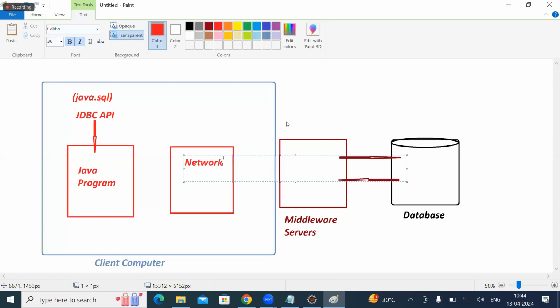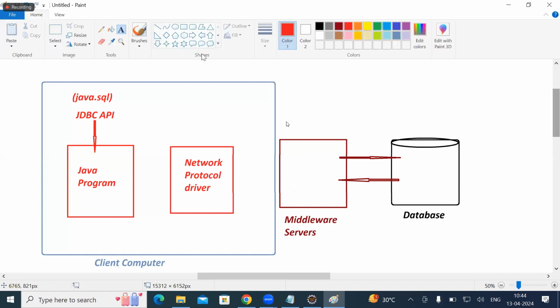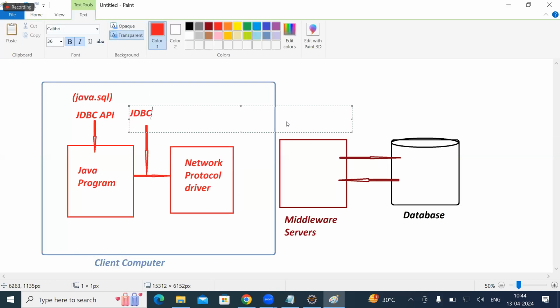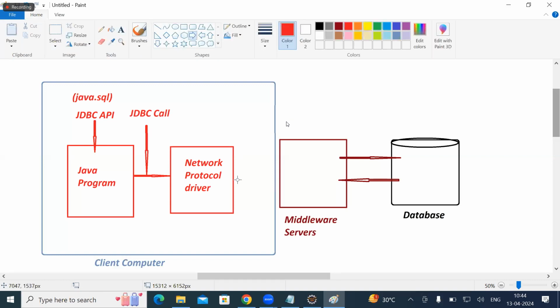This network protocol driver will take your JDBC call and convert it into a server call.